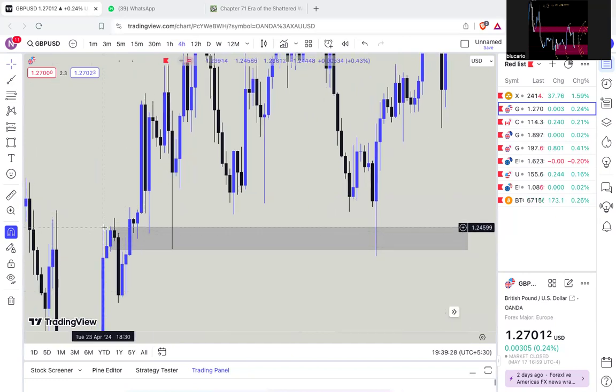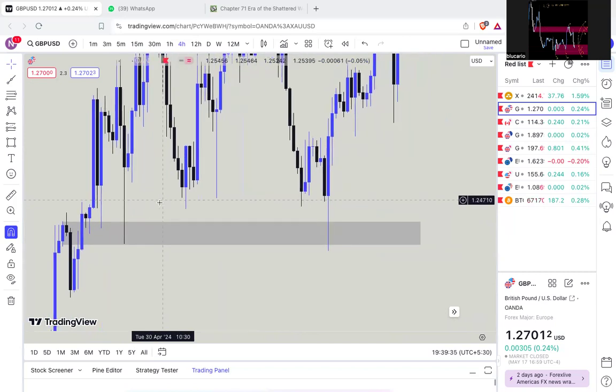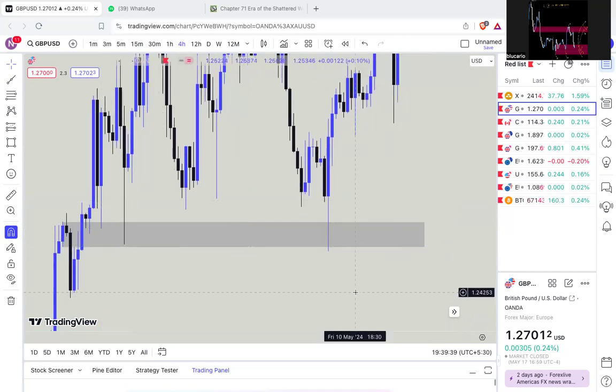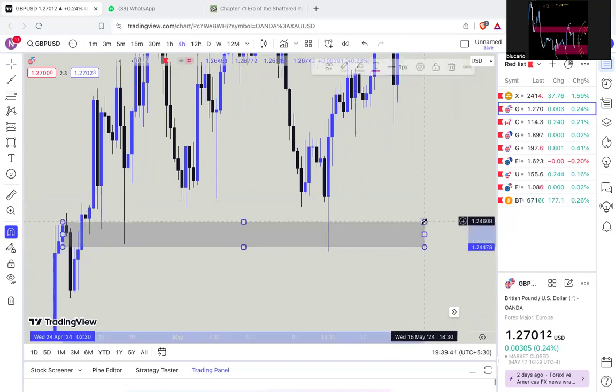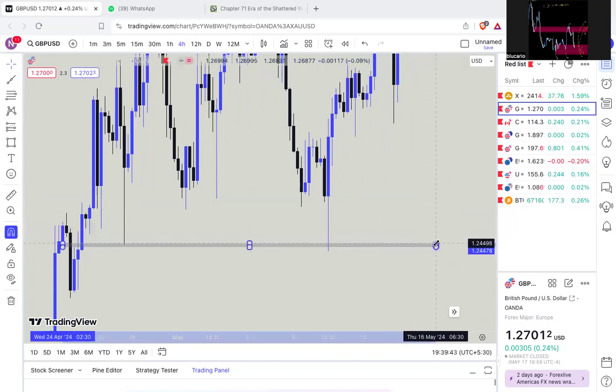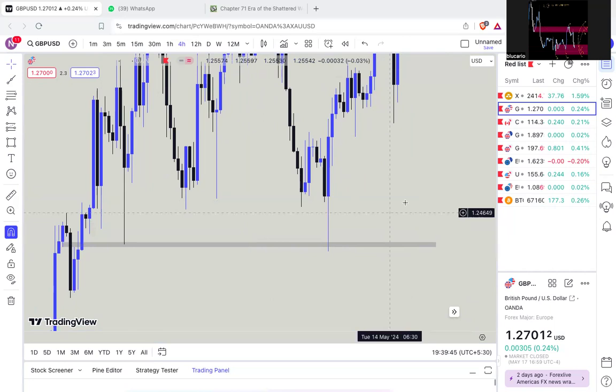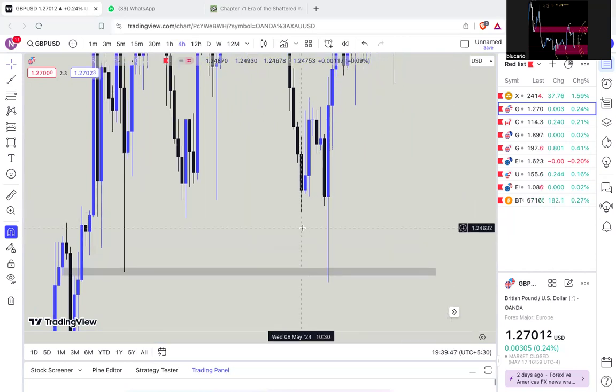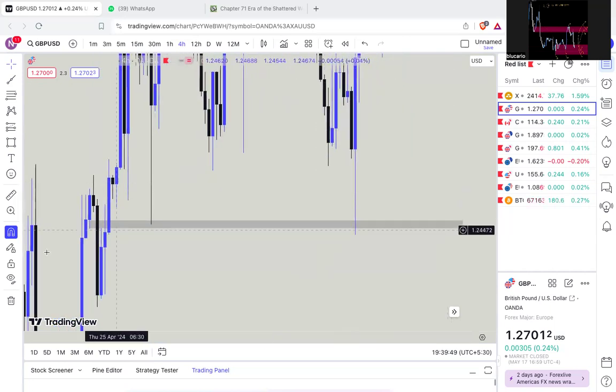Now, to mark the critical level from it, we should mark the bottommost part. Yes, now we have marked the bottommost part of this level.